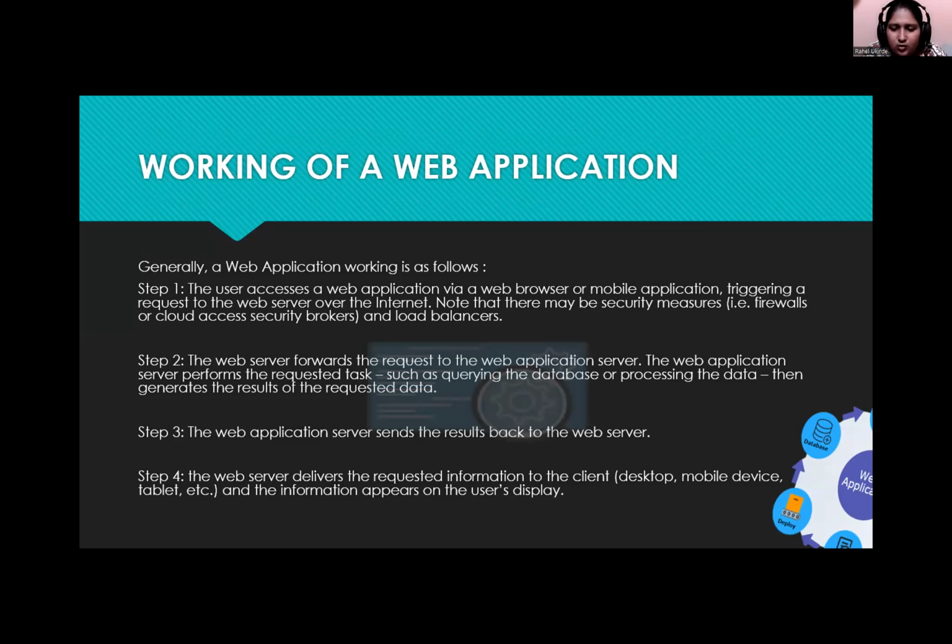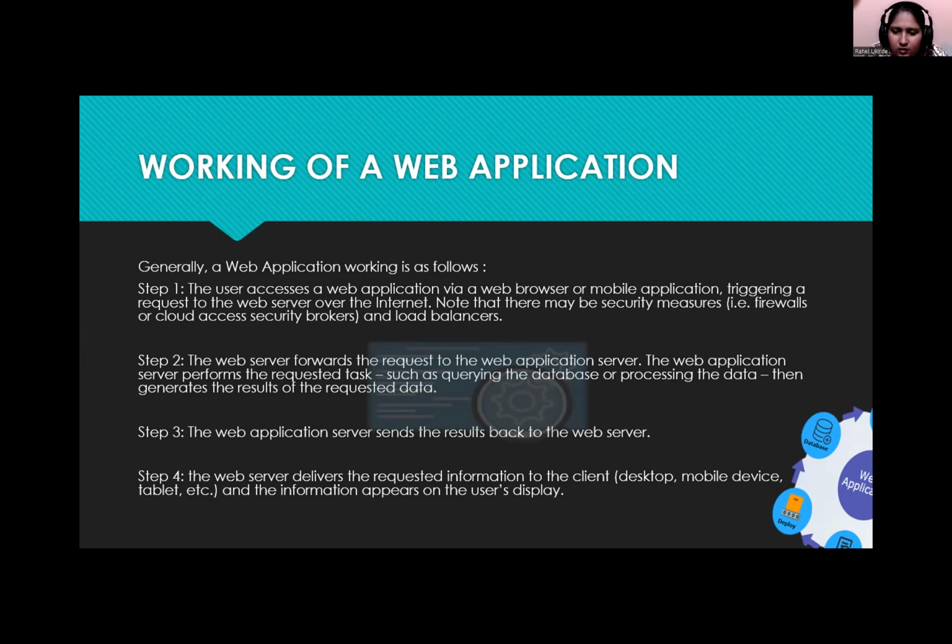When the request is sent to the server, the next step is the web server forwards the request to the application server, and the web application server performs the requested tasks such as querying the database or processing the data, then generates the result of the requested data.